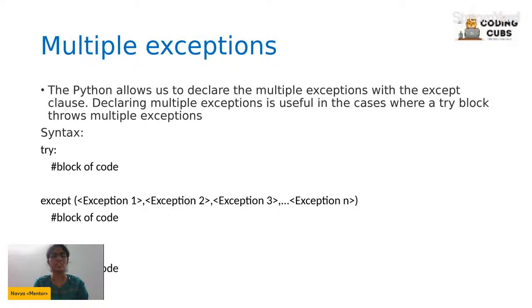Like exception 1 is ZeroDivisionError, exception 2 is IOError, exception 3 is EOFError, and so on, and then the block of code. At the bottom, you will have the else block and a block of code. If your try block exception doesn't match the exception in the except block, then the control automatically shifts to the else block and the code inside the block gets executed.